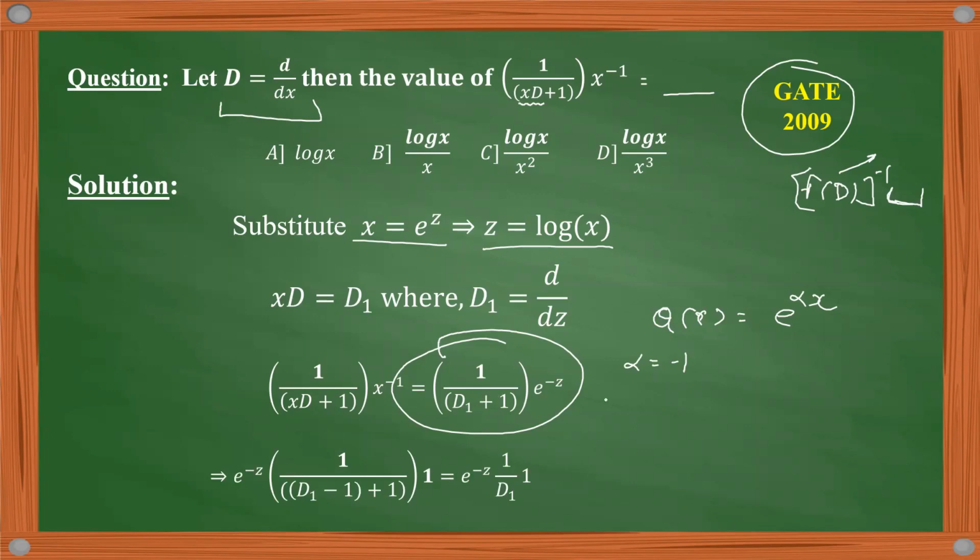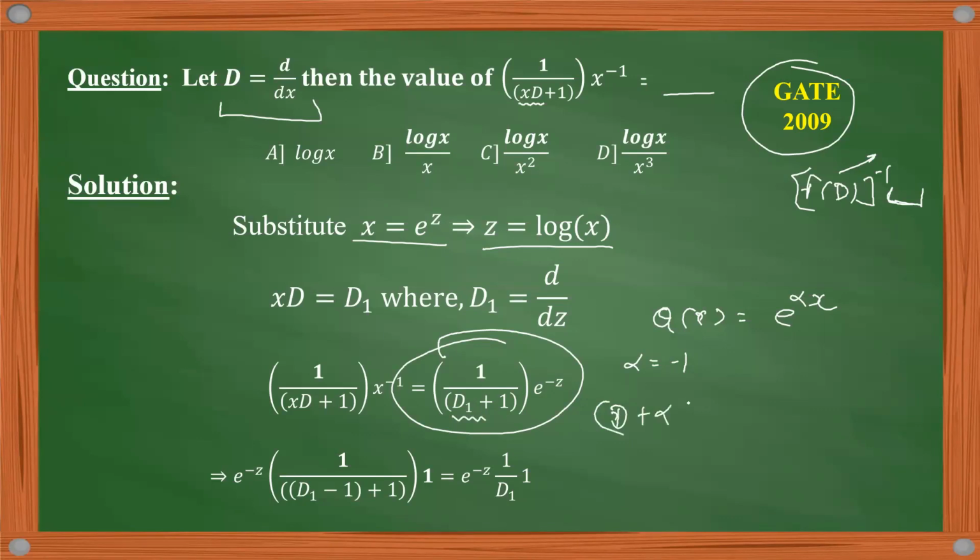Actually there are two methods. By our known method, we can differentiate it one time and then again put the value of alpha. But here I have described another method, that we take this e power minus z out of this operator. When we take e power minus z out of the operator, we need to replace D by D plus a.